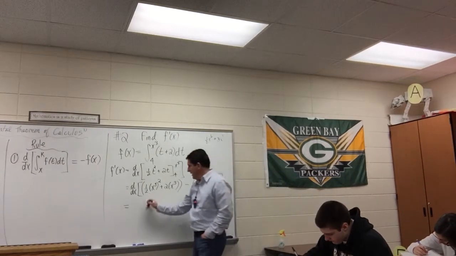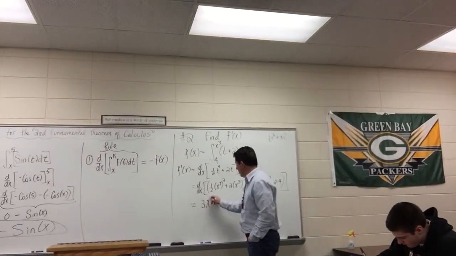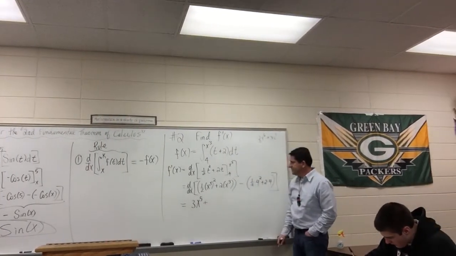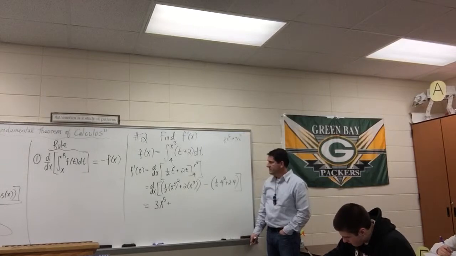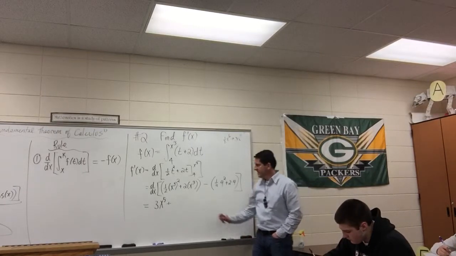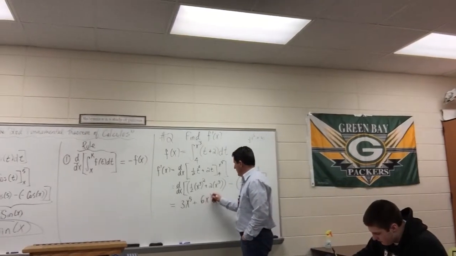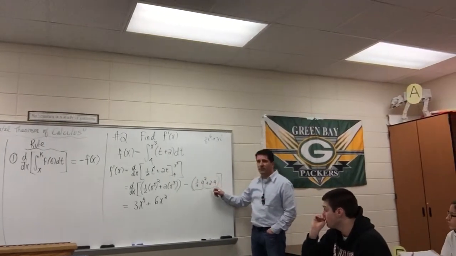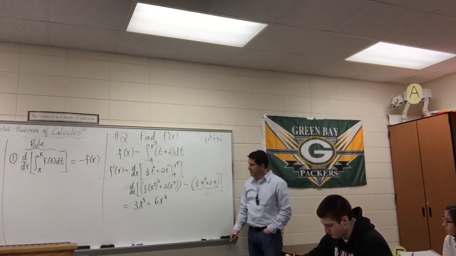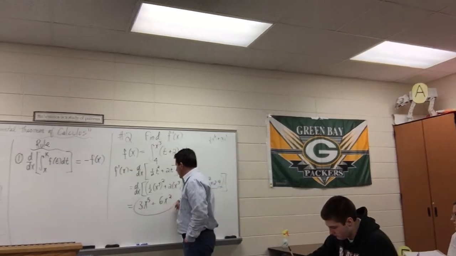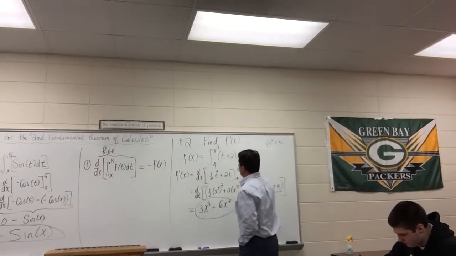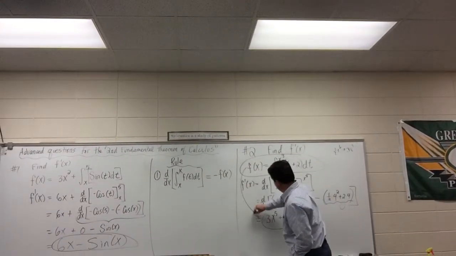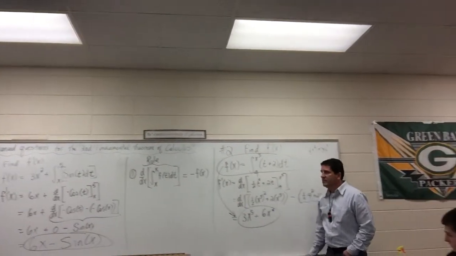So the answer to this part is 3x to the 5th. Then plus what? 6x squared. And then the derivative of all this? 0. So the final answer is this. The derivative of this is this.